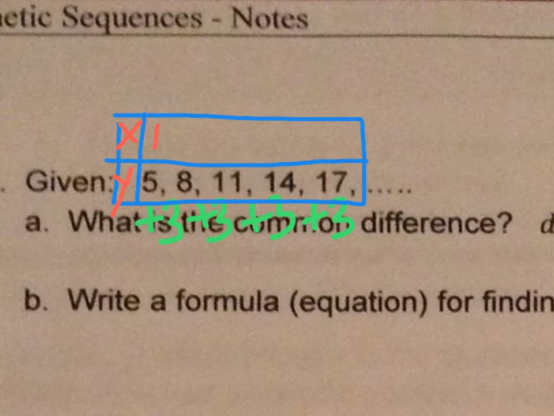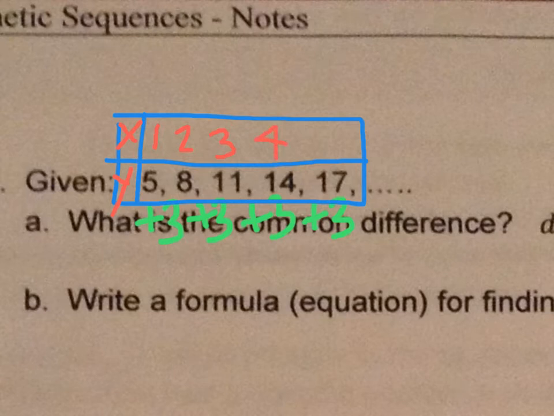So n is 2, therefore x that goes with 8 is 2. 11 is the third number in the sequence, so the x that goes with it is 3. 14 is the fourth term in the sequence, and so the x value that goes with it is 4.